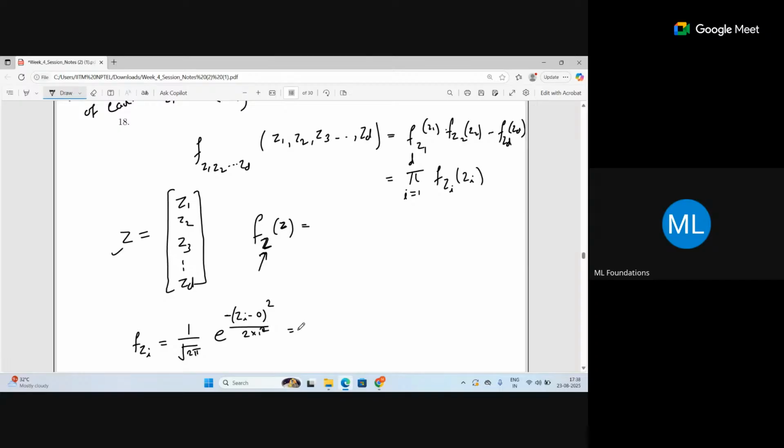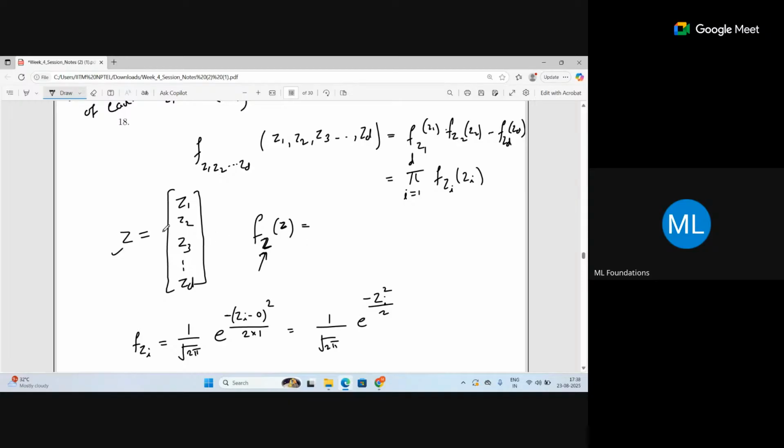So 1 is the standard deviation, or it is also the variance. I can say 1 square, or I can just write 1, because it's 1 square. So basically it will be 1 upon root 2 pi e to the power minus zi square by 2. Is that correct? Fine. That's okay.